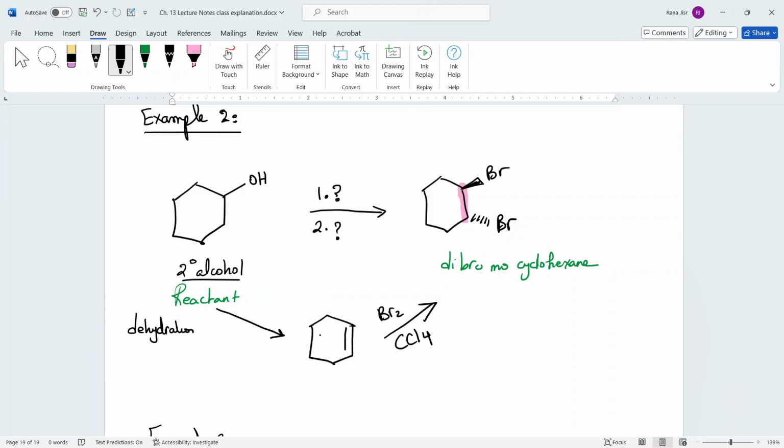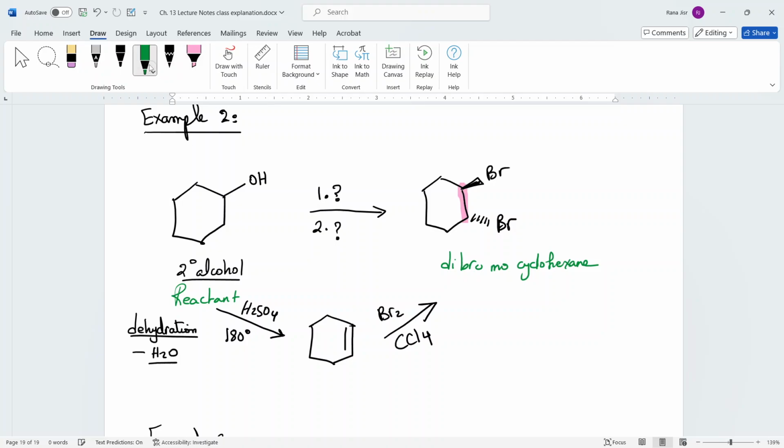This is the reaction that we've talked about in this chapter. It's the loss of water in there, where you are simply using an acid, in this case, which is the H2SO4, and you are doing the reaction at a high temperature, which is 180 degrees. You are using H2SO4.